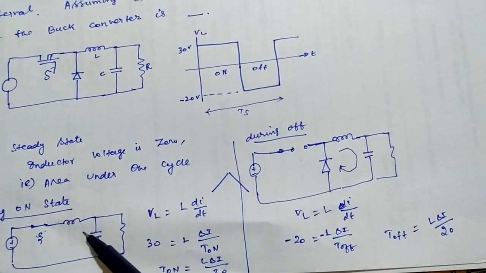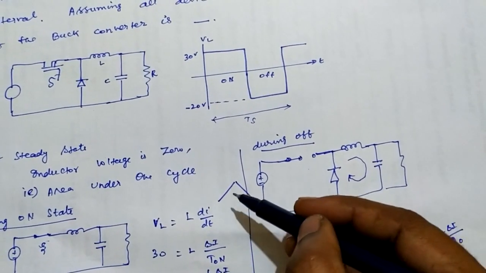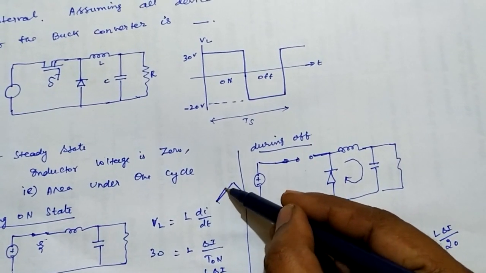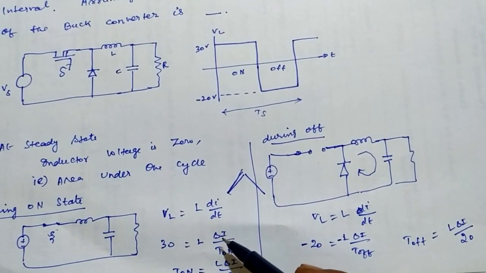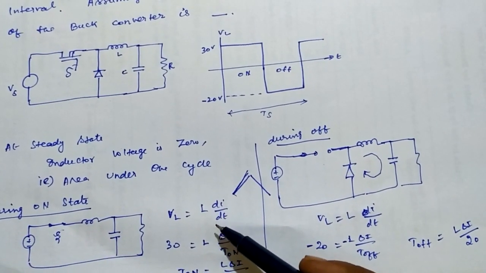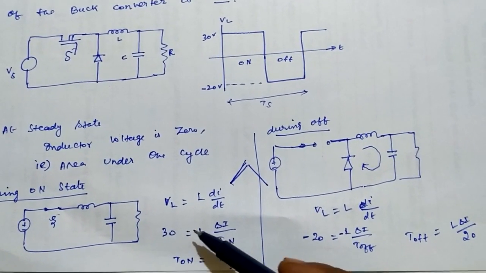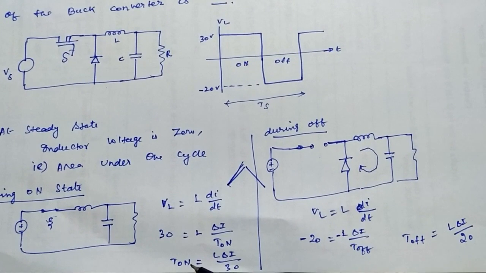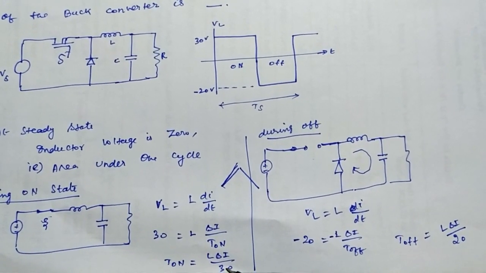The inductor current increases linearly from minimum value to maximum value. That change in current we represent as del I, and this happens over the on time. So T on is equal to L into del I over 30.